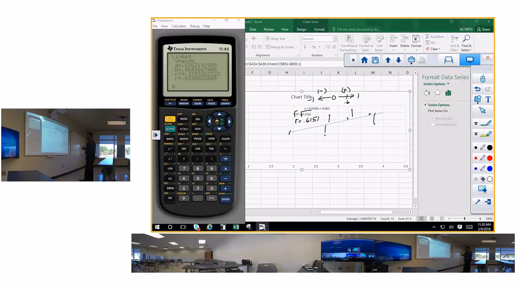Okay? See, when you have a 0 correlation, it's a horizontal line, and all the points would be like right here, right here, right here, and these would basically cancel each other out. If they cancel each other out, you come out with 0, because this one cancels this one.